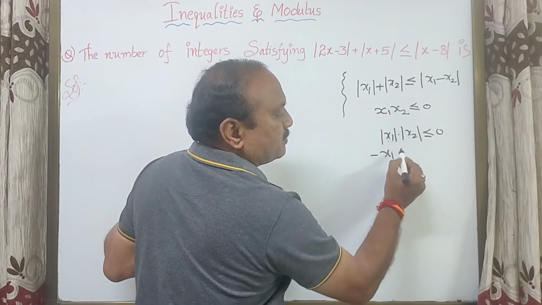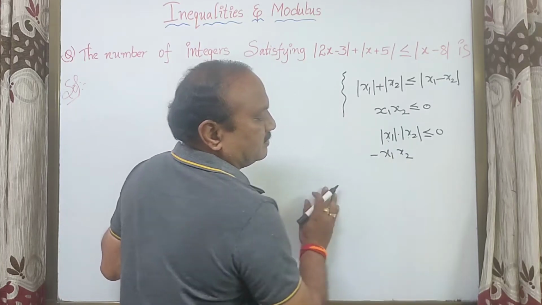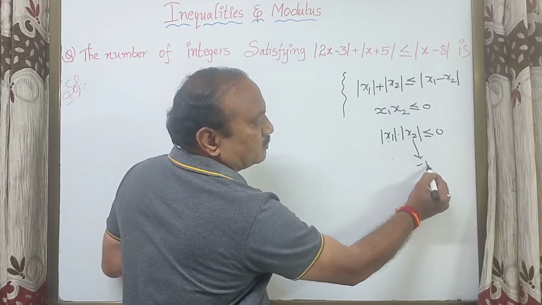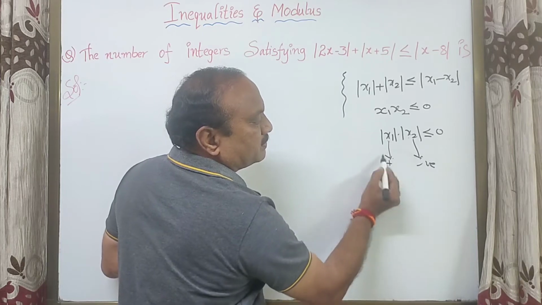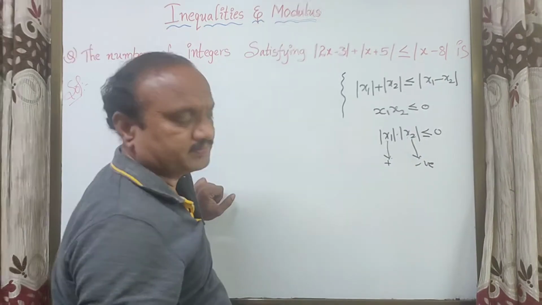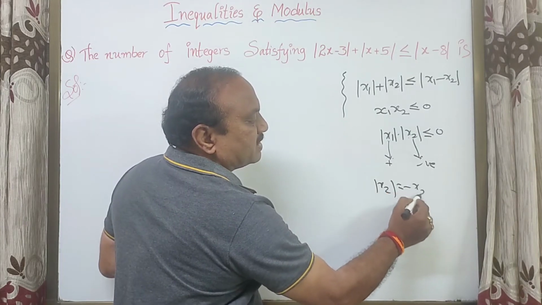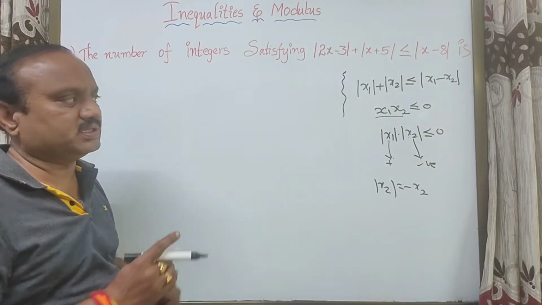If x2 is positive, it becomes x2, so this value becomes a negative value. If x2 is negative and x1 is positive, then the product becomes less than or equal to 0. When x2 is negative, |x2| becomes minus x2. Here I wrote x1·x2. Please remember that one.